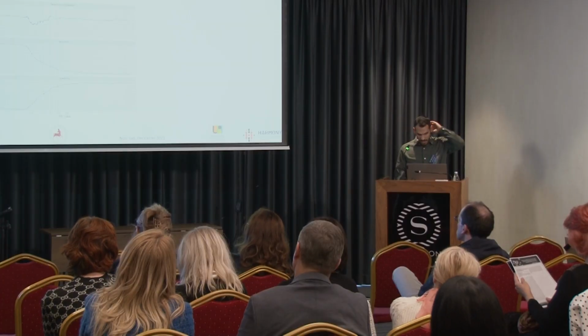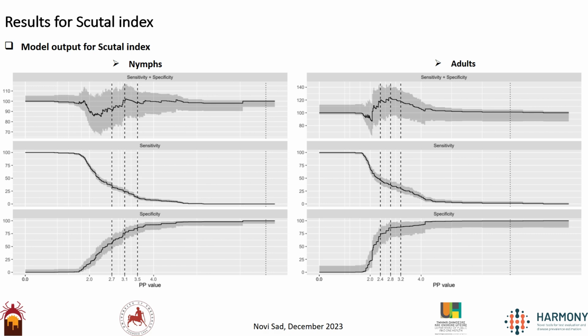If I were to show some of the results now for the main model, let's check the scrotal index for nymphs. On the first row at the top, we see the sum of sensitivity and specificity. How well does it behave? On the second row, we see the sensitivity only. On the last row, we see the specificity.